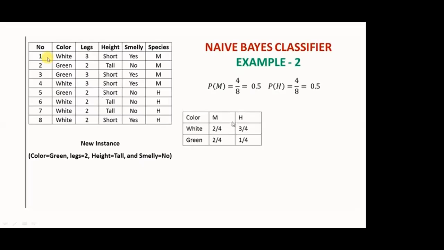H species being white is 3 by 4. M species being green is 2 by 4. H species being green is only one example, so 1 by 4. For each attribute, you put a table like this.